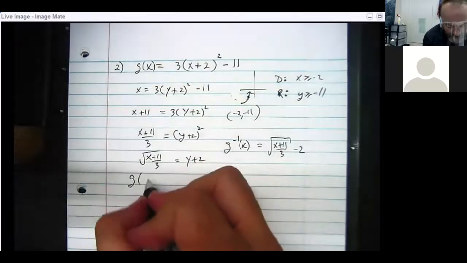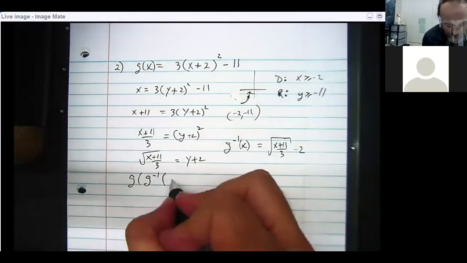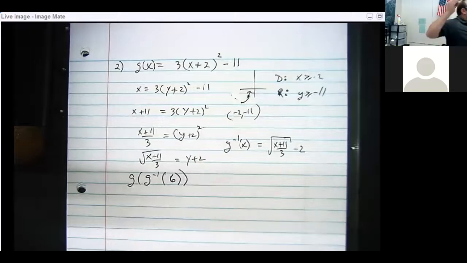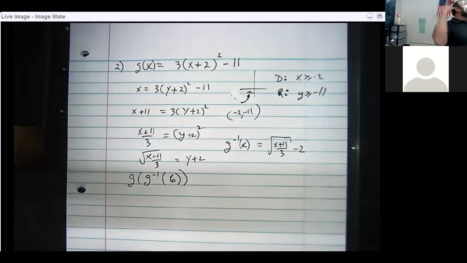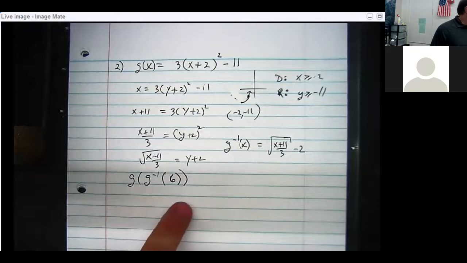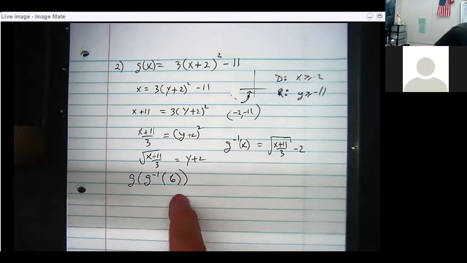Guys, what should happen if I asked you to do this? What should you get if you did g of g inverse of 6? It better be 6 if you did it right. What is g of g inverse of 4? 4. G of g inverse of the square root of 37.